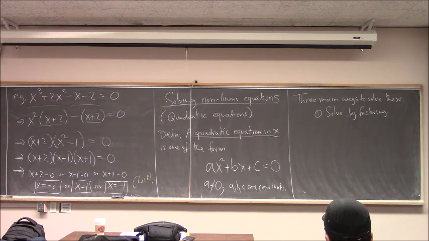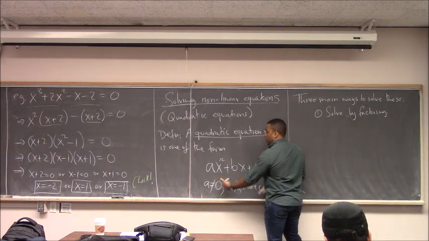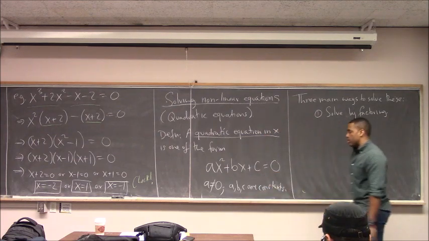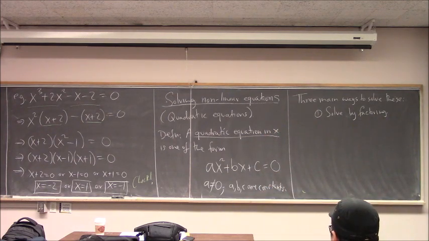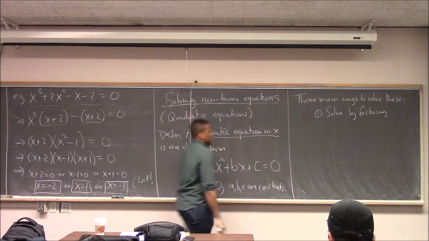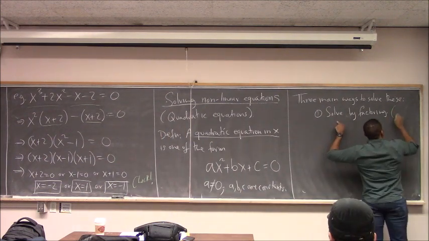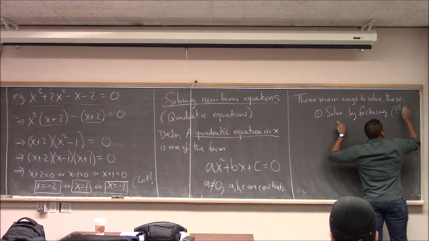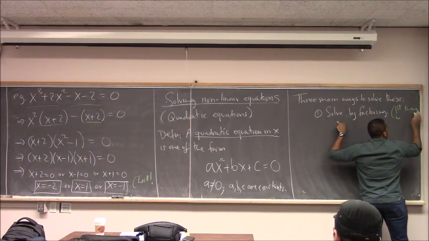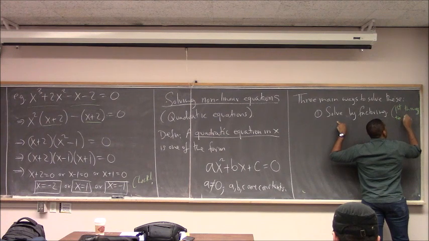Bring everything to one side, factor it. Now, if your a is 1, we know how to do that. If your a is not 1, we can use the AC method or the trial and error method to get it to factor. Hopefully it can factor, and that would be the first thing you would try in general. So solve by factoring is probably the first thing to try.